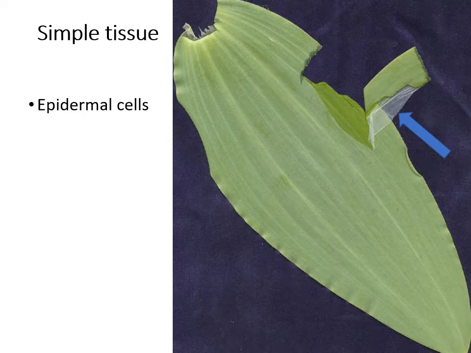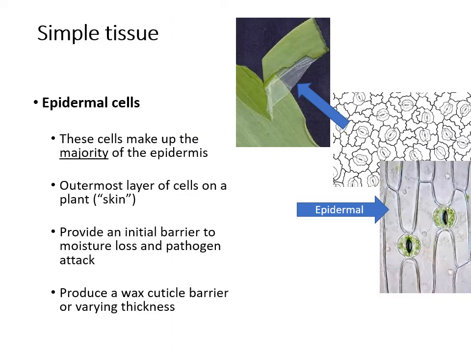Here we have an example of a leaf where we've torn it as flat as possible, and you can see that there's a paper-thin layer that's peeled off, and that is actually epidermal cells. We'll look into that a little more, and next week when we talk about leaves, we'll look into it even more, so don't expect all the detail in this lesson. Essentially, they're a very thin layer of cells.